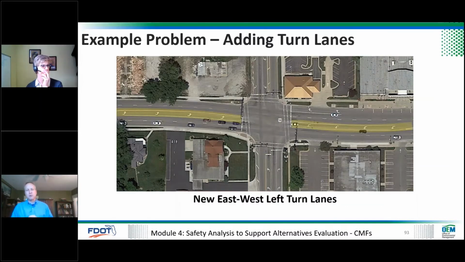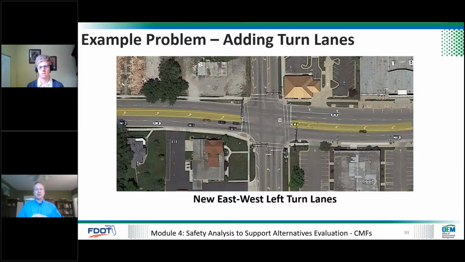Maybe we want to put in this turn lane, which I've highlighted on the screen here. Maybe we need east-west left turn lanes at our signalized intersection. And small budget, we don't have a lot of time. We're not going to set up the whole predictive method here. We want to know what we think the crashes would be in the short term if we go ahead and do this as a spot improvement.